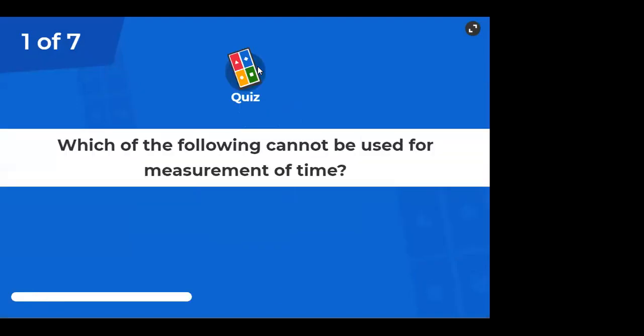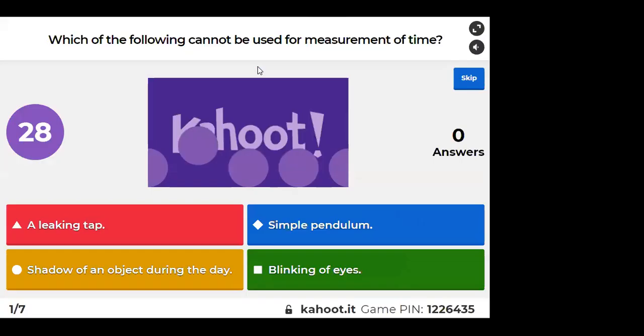Okay, let us see. So the first question is of double point. Which of the following cannot be used as a measurement of time? This can have multiple answers, but only one answer is given as correct.